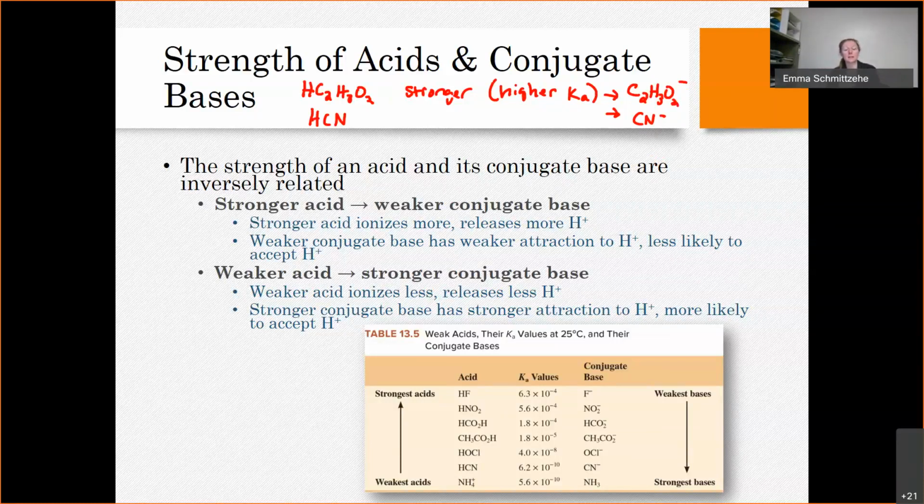So if acetic acid is the stronger acid, right? This is a stronger acid, then the CN minus, the cyanide ion, is going to be the stronger base, okay? Whereas this is going to be the weaker base of the two, okay? And so this is the weaker acid.